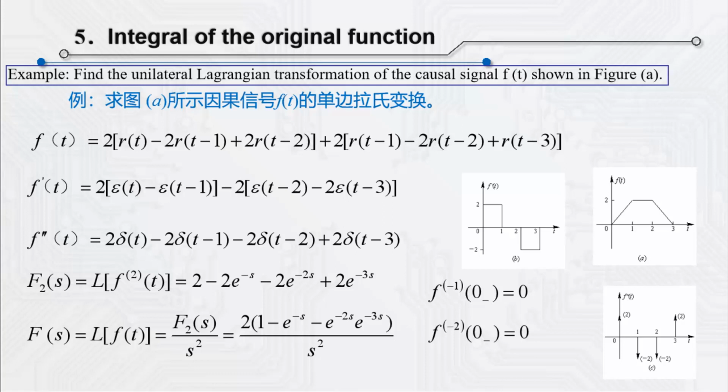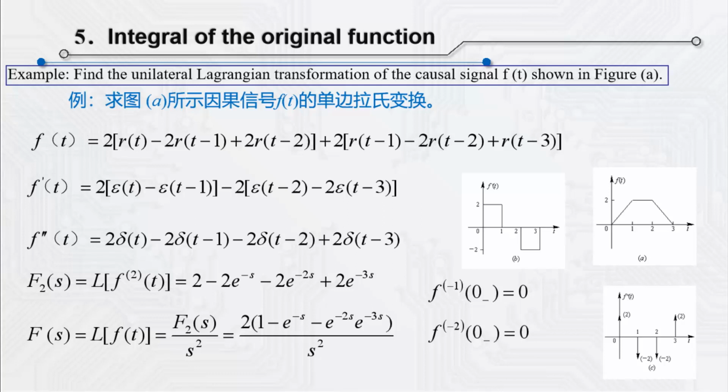According to the Laplace transformation of the unit impulse function and the linear properties, the Laplace transformation of the second derivative is F2(s) equals 2 minus 2 times e^(-s), subtract 2 times e^(-2s), plus 2 times e^(-3s). If we get the Laplace transformation of the second order derivative, we can get the Laplace transformation of the original function f(t).